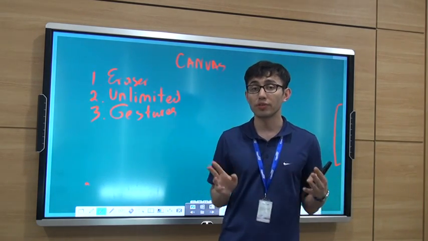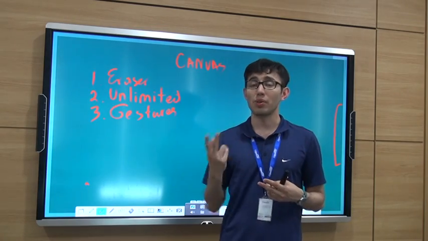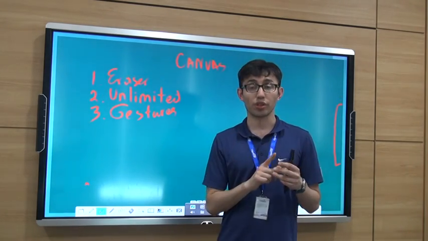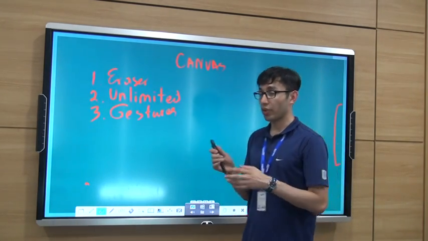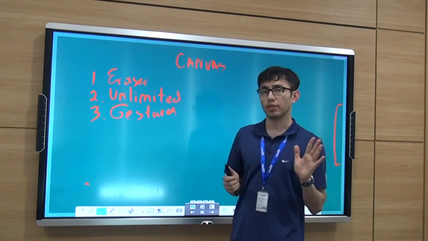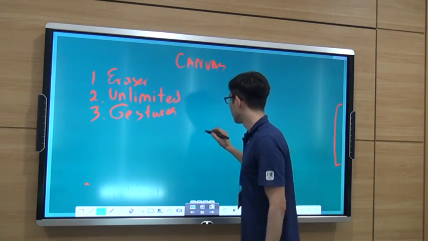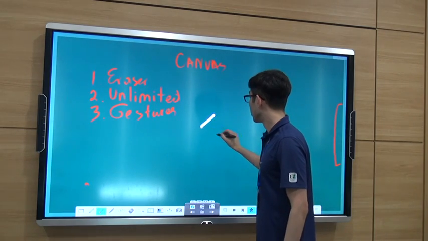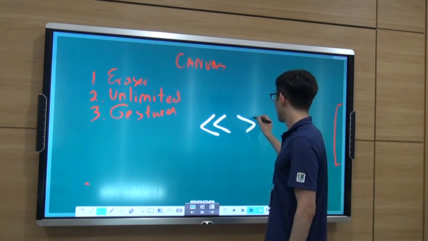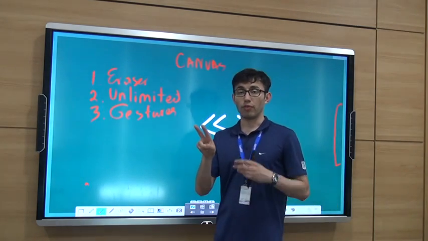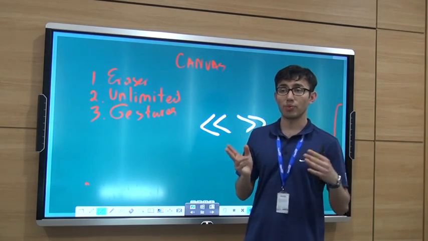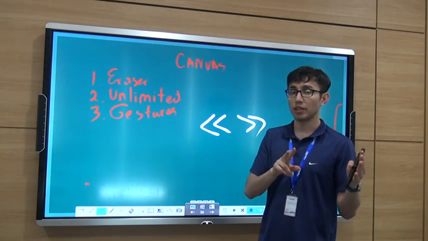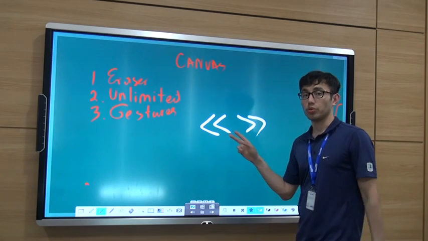You can do all of these functions with two fingers without touching the icons or using the pen. So I'm going to teach you five different gestures quickly. First one is to use two fingers like an arrow. If the arrow is to the left side, it means you go to the previous slide. If it's on the right side, you go to the next slide.